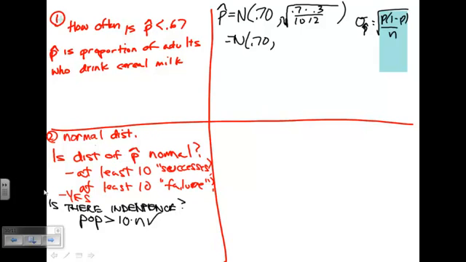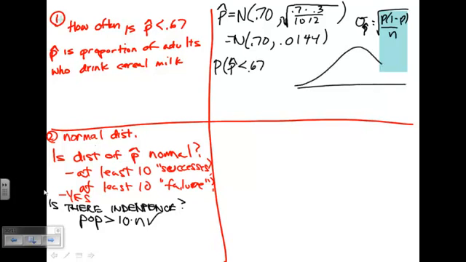Anyone? Come to my rescue? 0.0144. Great. And now I'm ready to ask the question in symbols. What's the probability that p hat is less than 0.67?